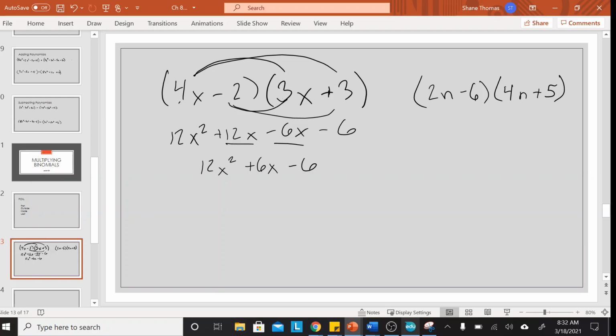There's an n with that 24. You have to combine like terms now. You don't have to break it down at all. The first n should be n squared. 2n times 4n is 8n squared. There you go.